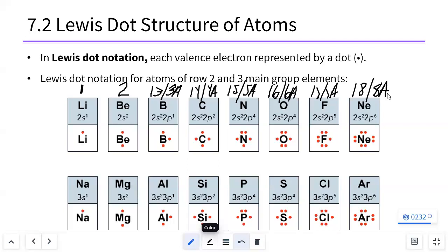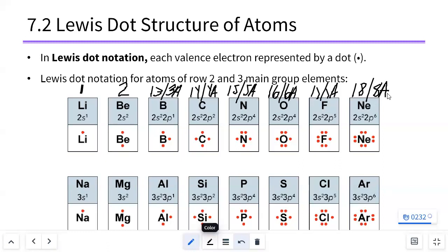Well, it's not the lose 7. It can gain 1. If it gains 1, it goes from F to F negative 1, which we know halogens tend to take on -1 charges. Or it shares an electron, and when it shares an electron, it's going to make 1 covalent bond to turn that 7 into 8. Easy enough.